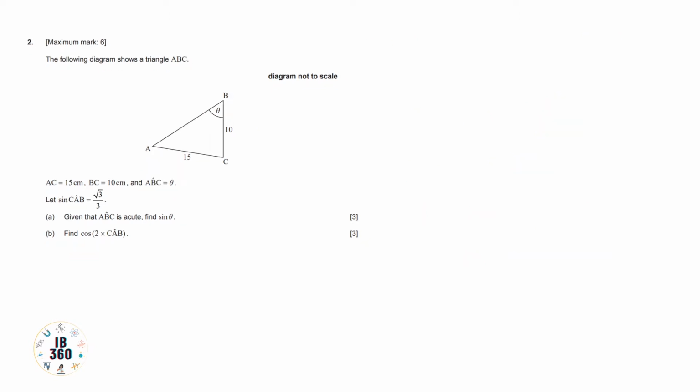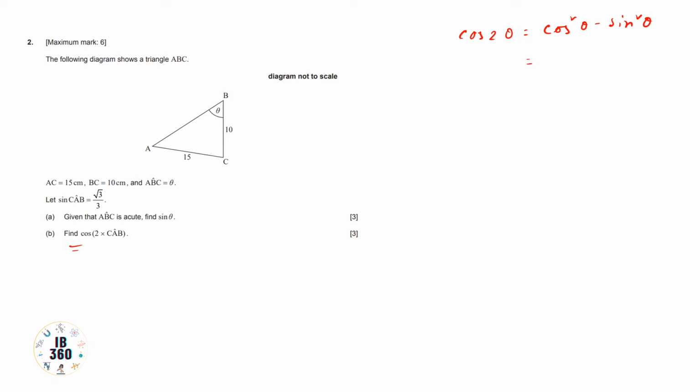That is, find cos 2 of angle CAB. The theory we will apply is cos 2 theta equals cos square theta minus sine square theta.